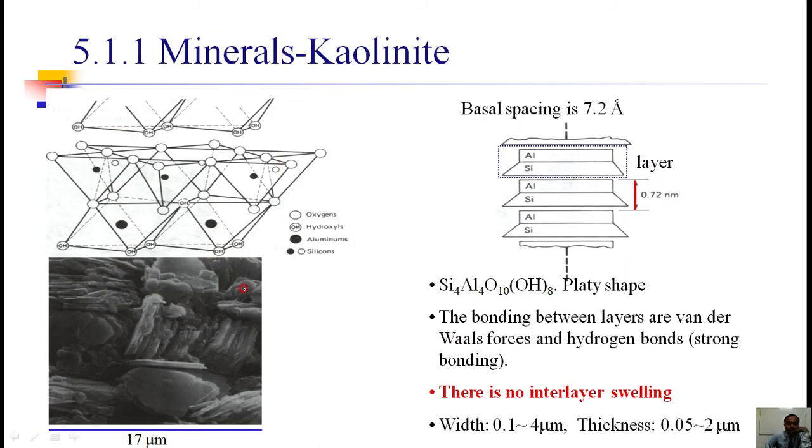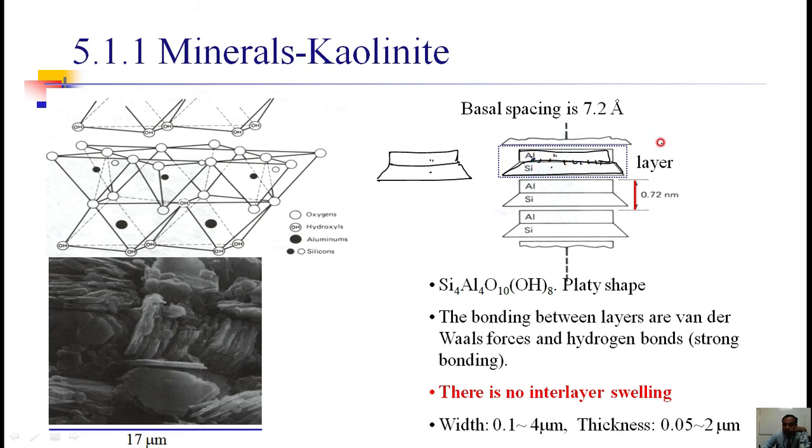Now you can see here, we already got this one in the last class. This is a gibbsite, and this is a silica sheet. And these two are bonded. One aluminum sheet and one silica sheet, both together bonded with some bonds here.